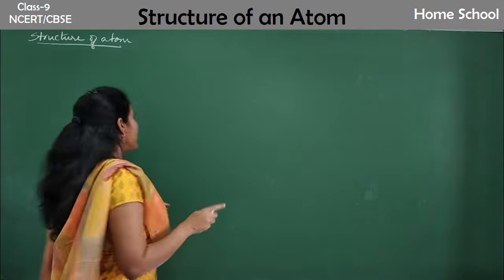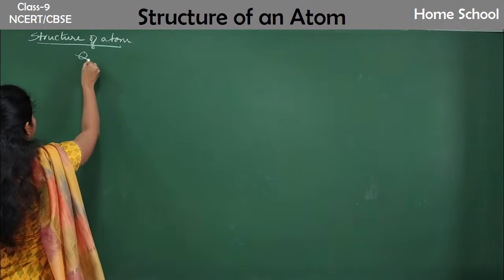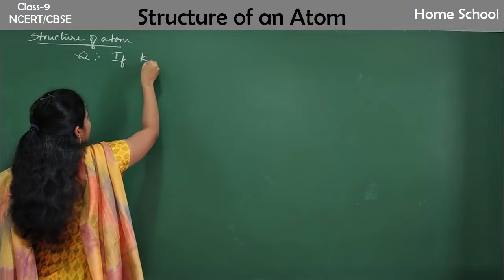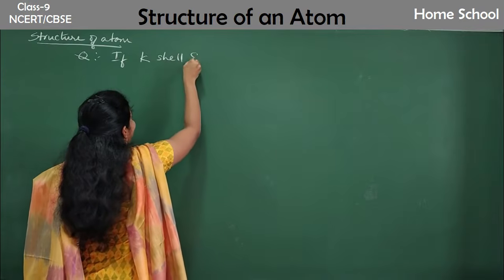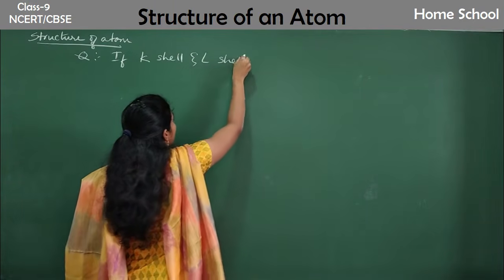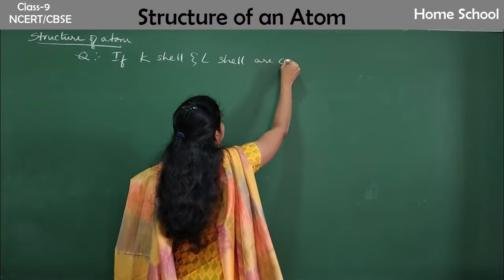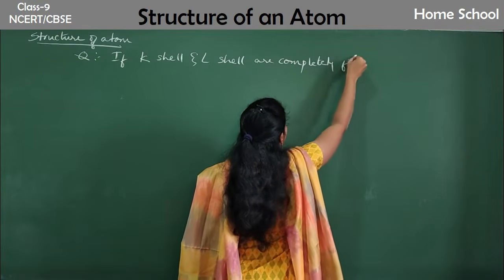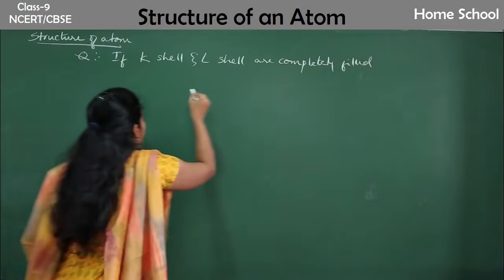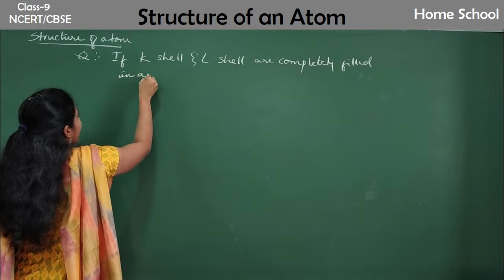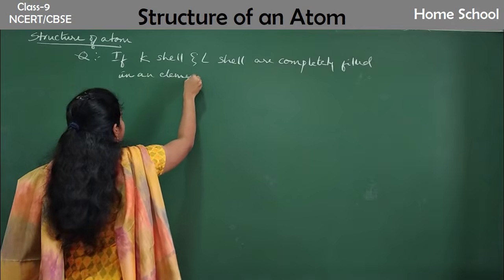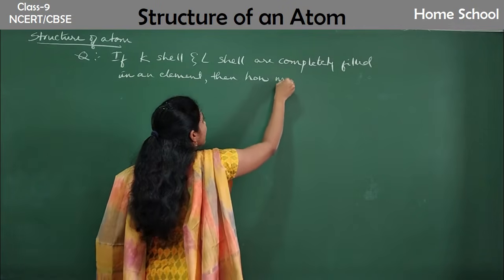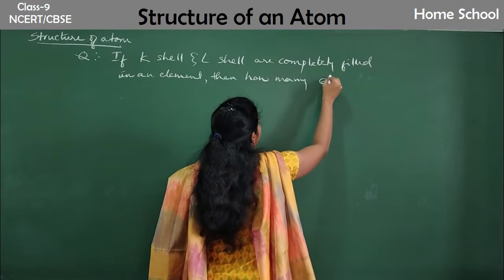The question is, you also can take the question: if K shell and L shell are completely filled in an element, then how many electrons are there in that particular element?